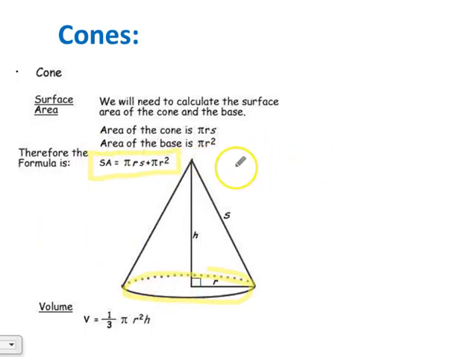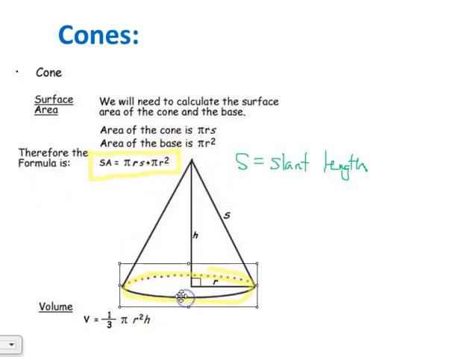Remember, s is going to equal slant length. It doesn't represent the height, it's the slant length. And the slant length of a cone is very similar to the slant length of a pyramid, where you go from the vertex along the outside of the cone down to the base, and it creates that slant length.